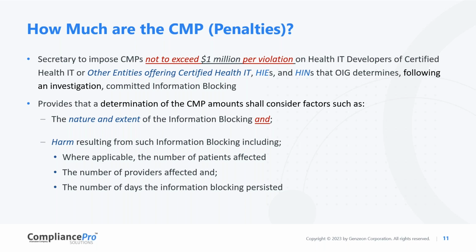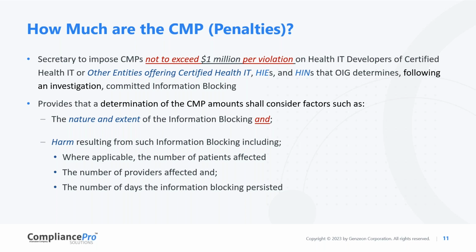So the violations, again, are set for entities offering certified health IT. They didn't explain it very well, but it seems as if, let's say, one entity is offering to share their EHR with another. They can't turn off that capability later and block the information from going, let's say, from the larger to the smaller site.